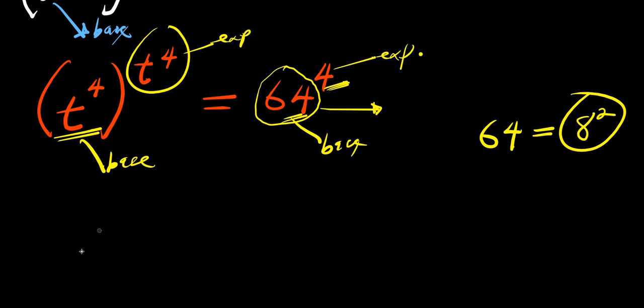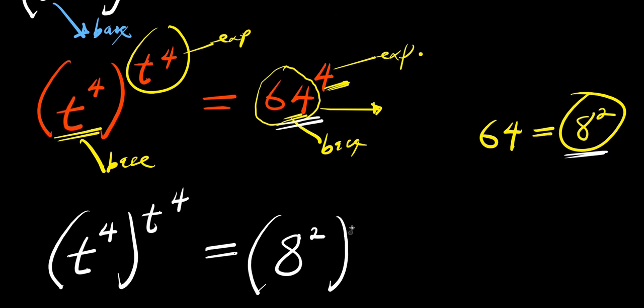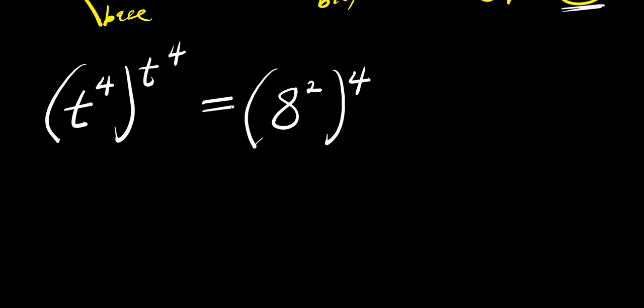So what we are going to have will be t to the power of 4 raised to the power of t to the power of 4, and this equals 64 here. We are going to replace it with a power 2, give a power 2 raised to the power of 4. So going by that, we can consider this other identity.